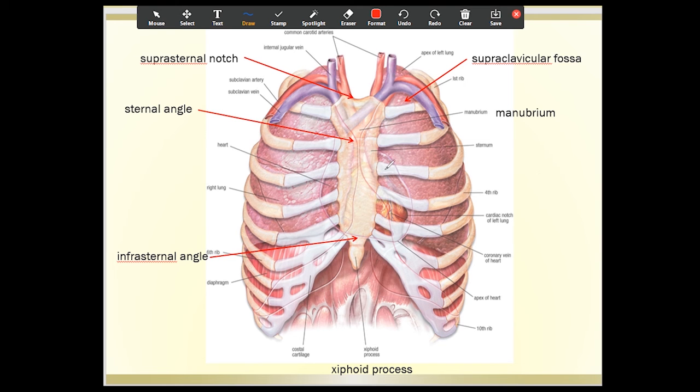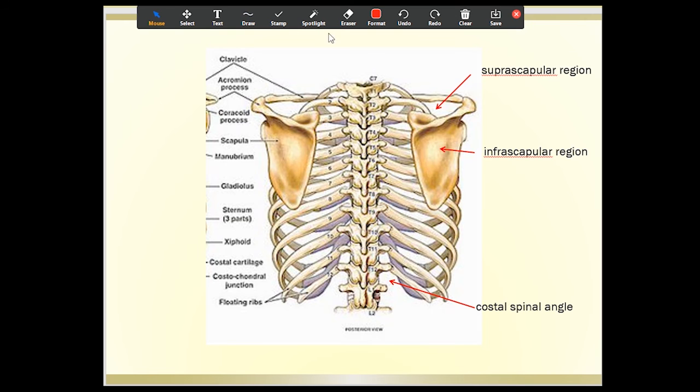Following the ribs, we can talk about which ribs it is between, or which intercostal space. That's the anterior part. Then the posterior part is more important.